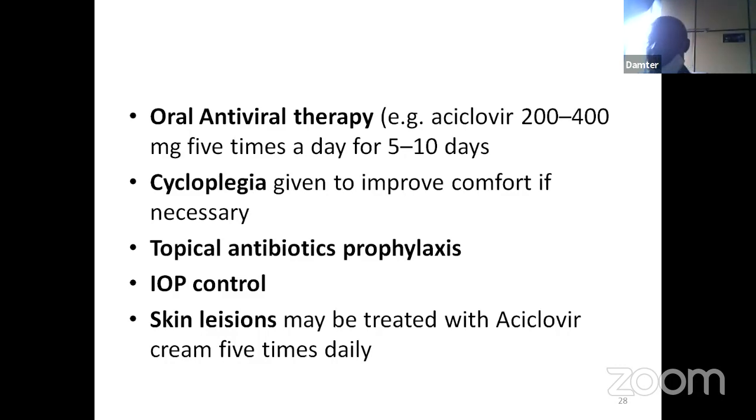Topical antibiotics can be given as prophylaxis since there could be other microbial co-infection occurring with the herpes simplex keratitis. Skin lesions such as vesicles that are seen in the periocular skin and the lid margin can be treated with an acyclovir cream, which is usually applied 5 times a day too.